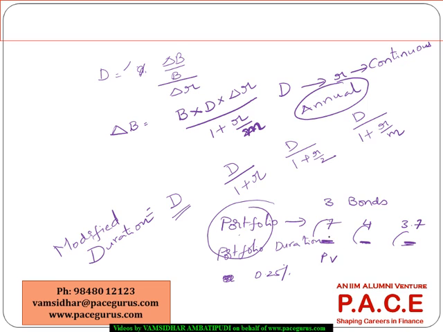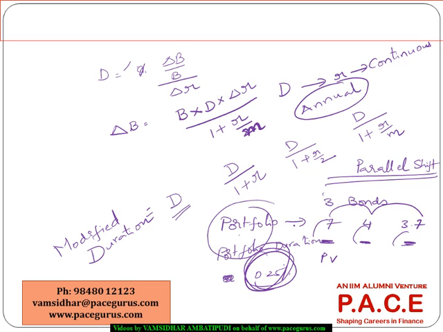But this entire calculation is valid only under the assumption that this interest rate change of 0.25% will impact all these bonds in the same manner, which means it's a parallel shift. For 7 years, 5 years, all the interest rates will be shifted by 0.25%. That is what we call a parallel shift. Only when I assume that there is a parallel shift can we use this kind of mechanism to find out the duration of the portfolio.